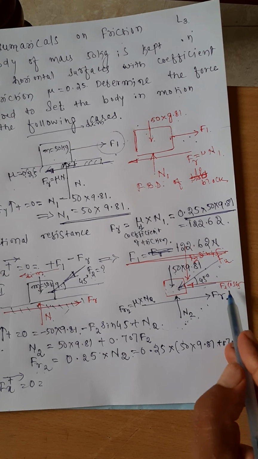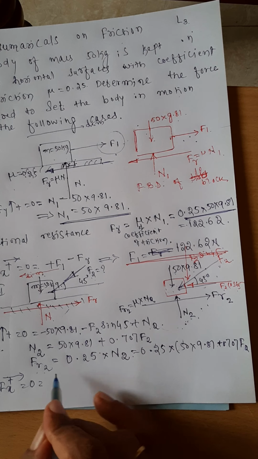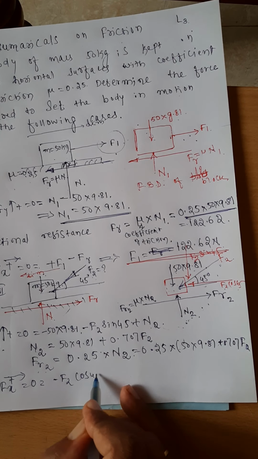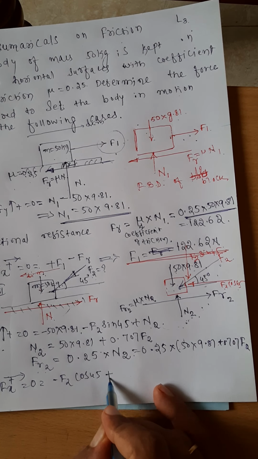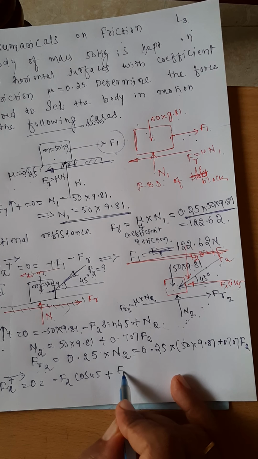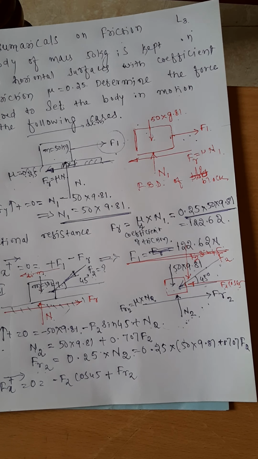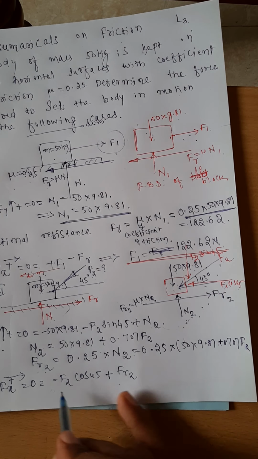One is F2 cos of 45 towards left, negative, minus F2 cos of 45, yes, plus FR2 equal to 0. Yes, in this equation FR2 is known to you. Substitute the value of FR2 here.